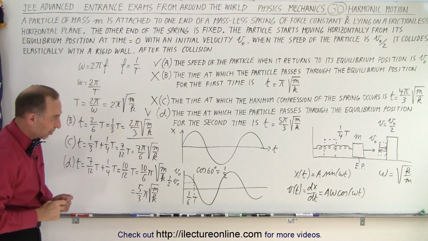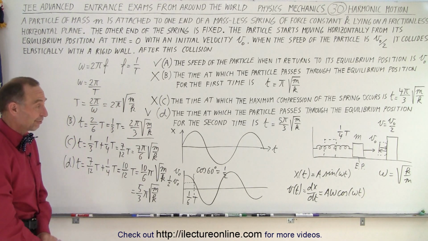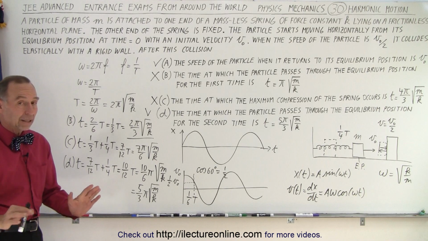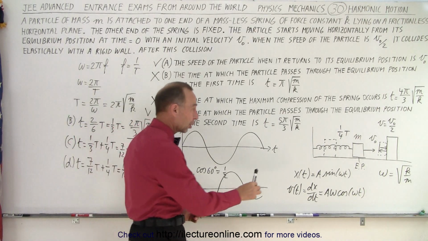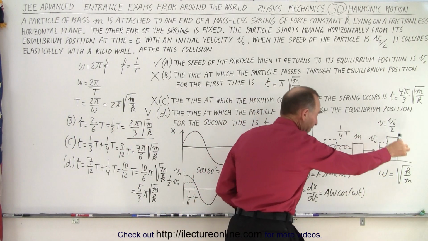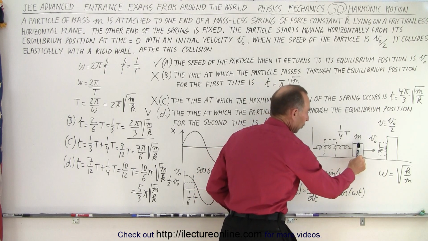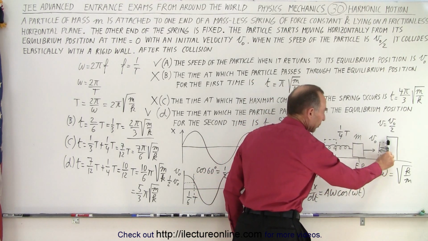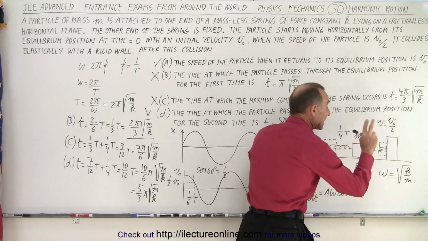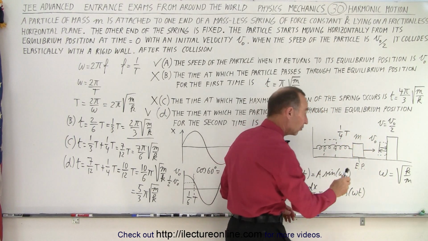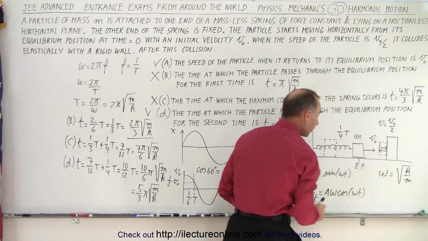I'm sure that this took more than 3 minutes to figure out. But again, how did we solve it? First of all, a quick visual of what's going on. When the object hits this point right here, a rigid object, there's an elastic collision, no energy lost. It has now half the velocity.